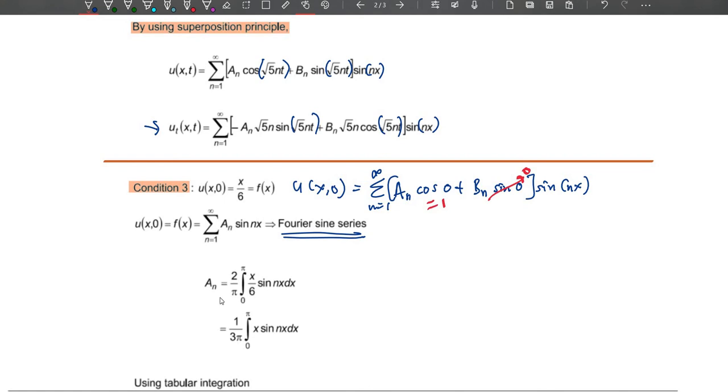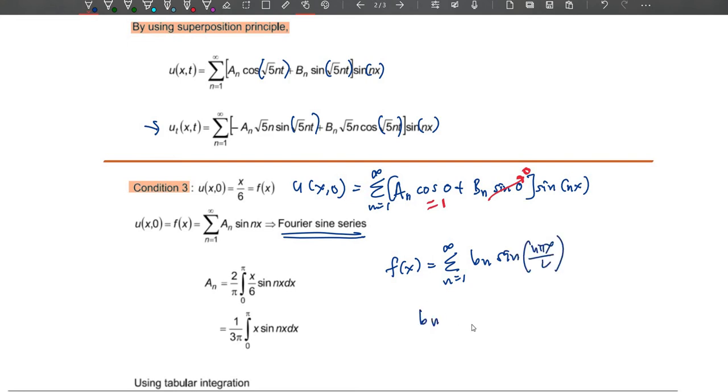Okay, so a_n is equal to 2 over π, integrate 0 to π of (x over 6) sin(nx) with respect to x. Let's do a bit of recall. Let's say we have f(x) equal to the summation from n equals 1 to infinity of b_n sin(nπx over L).